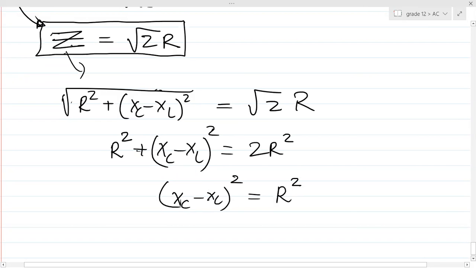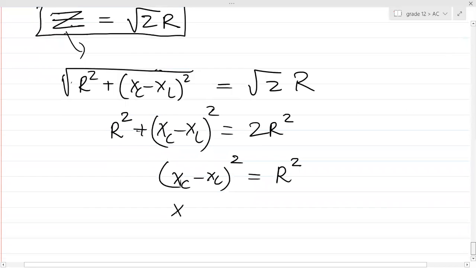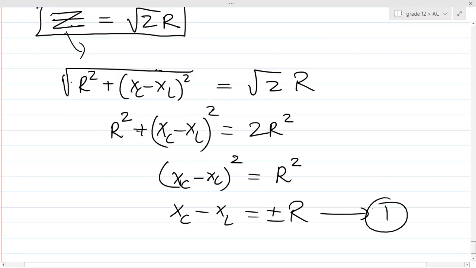And when I'll take the square root of this particular thing, can I write XC minus XL is equals to plus minus R? Can I write this? Is this clear? Can I write it like this, guys?